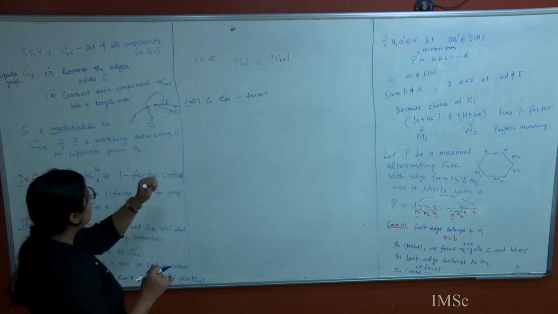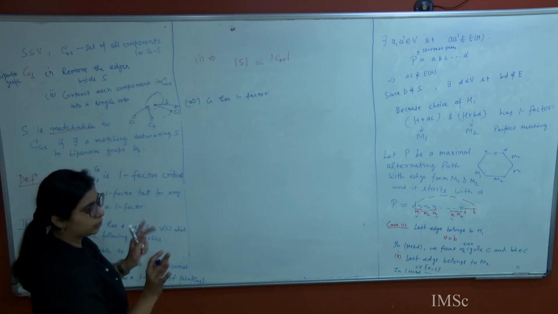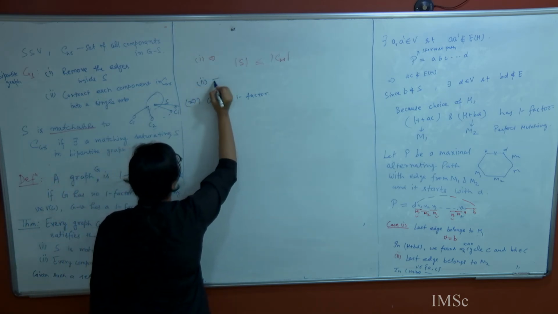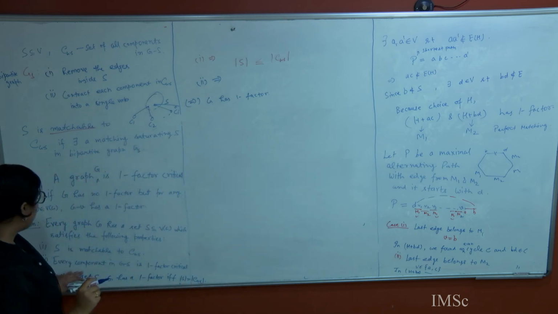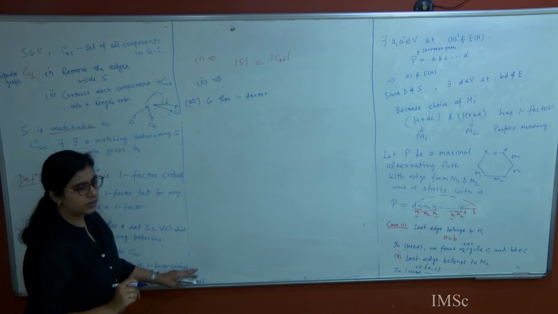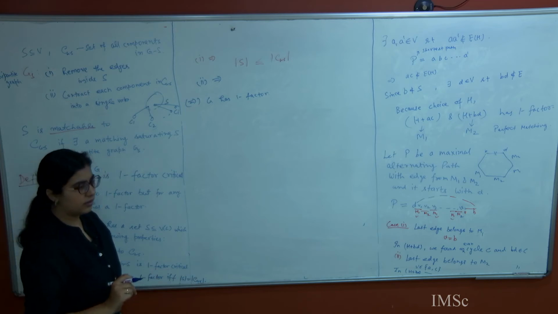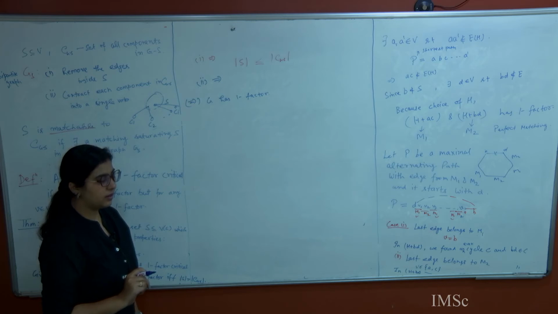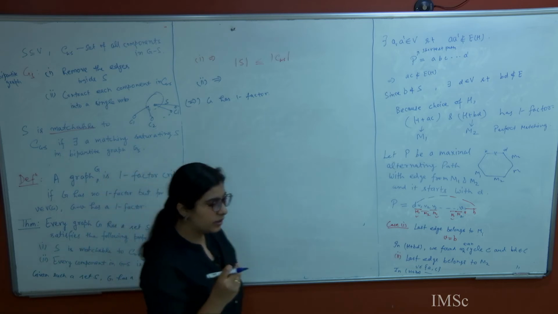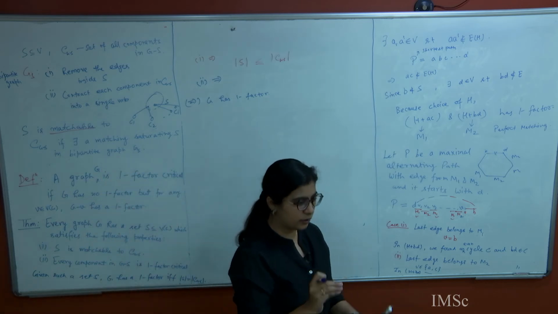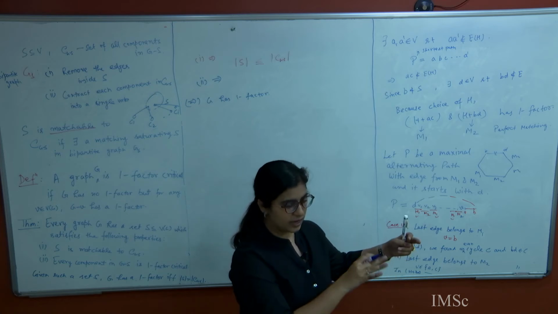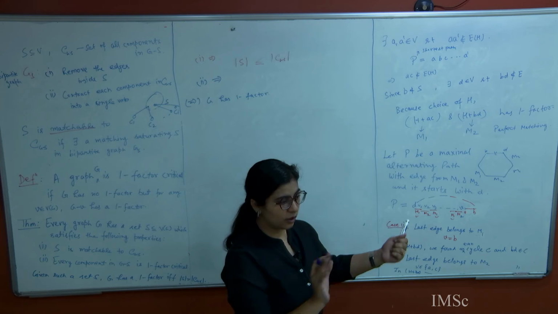The first property implies that the cardinality of S is at most the cardinality of C(G − S). What about the second property? The second property says that every component in G − S is one factor critical. We have exactly one vertex in each component that is unmatched. What does it mean? That the cardinality of every component is odd, right?